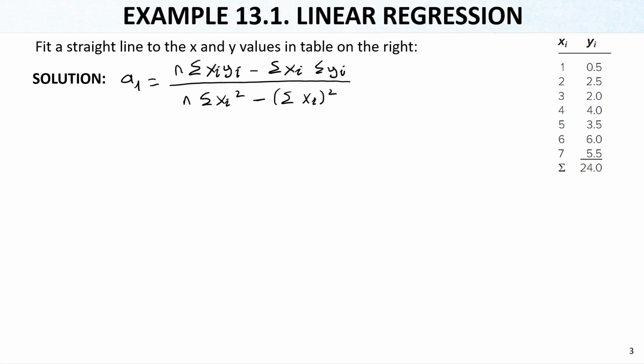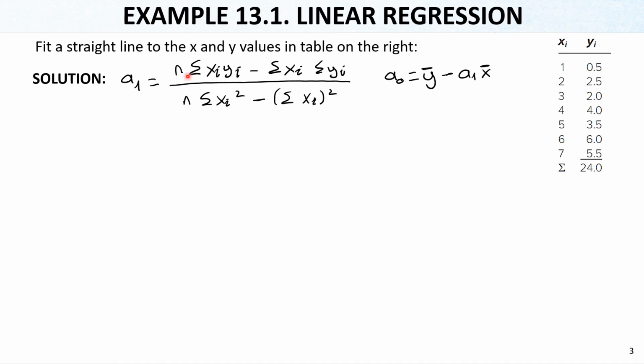And also, after finding a1 from here, we will use a0 equals the mean of y minus a1 times the mean of x. Okay, let's find each term here using the data.